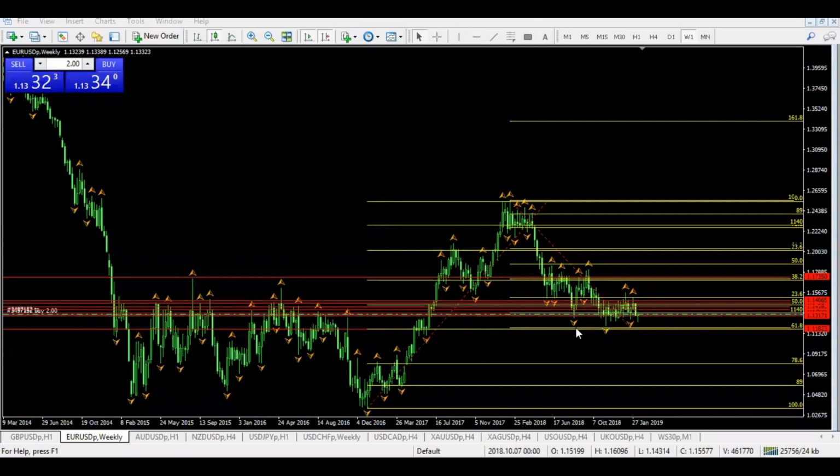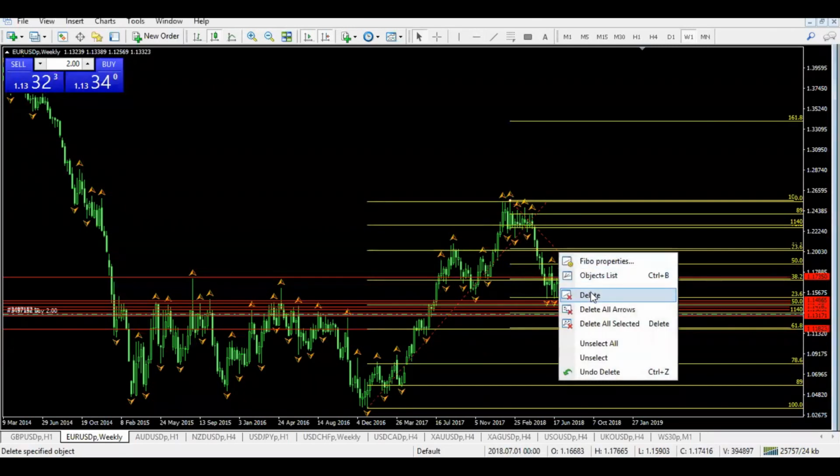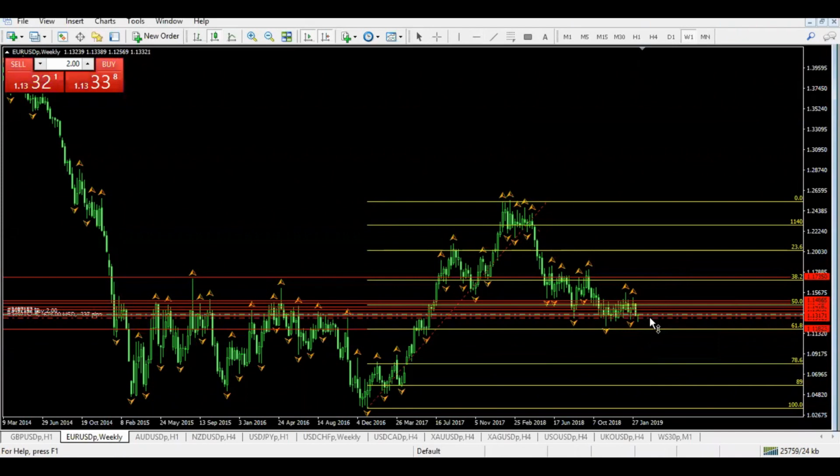So if I'm trading in the weekly time frame, I should put my stop loss exactly here. Where should I put my take profit if it has been confirmed? It would be 38, exactly here.